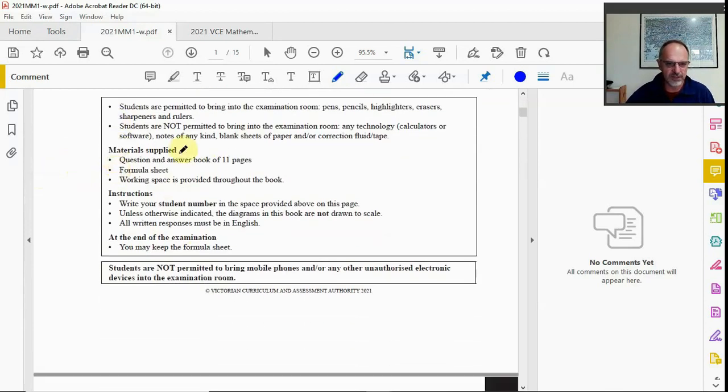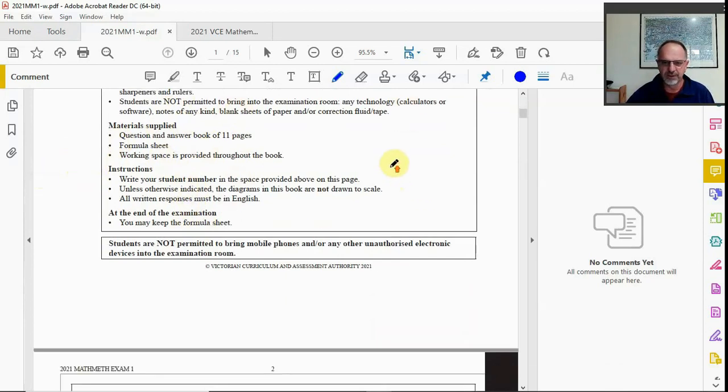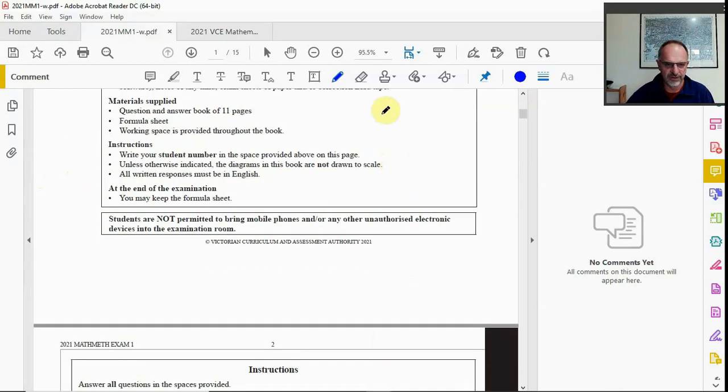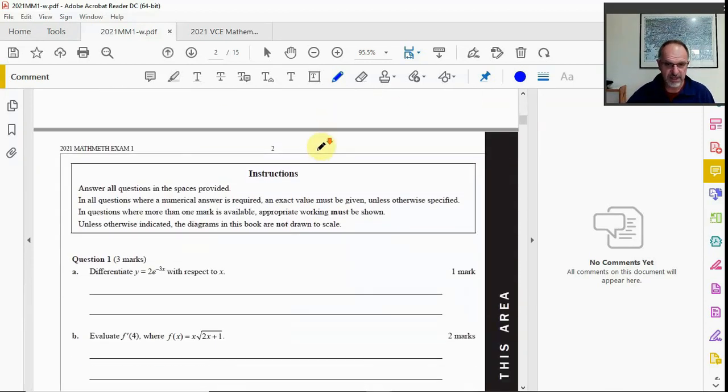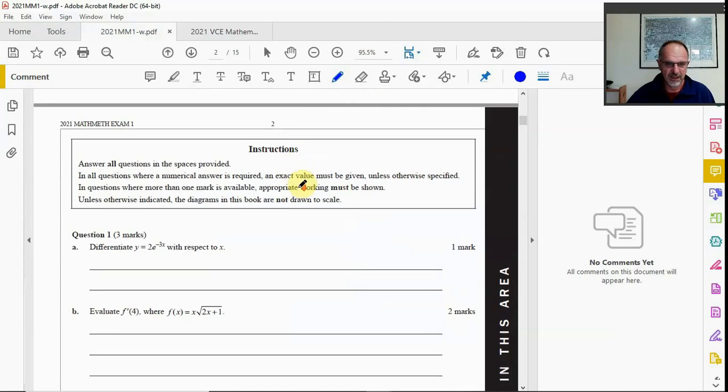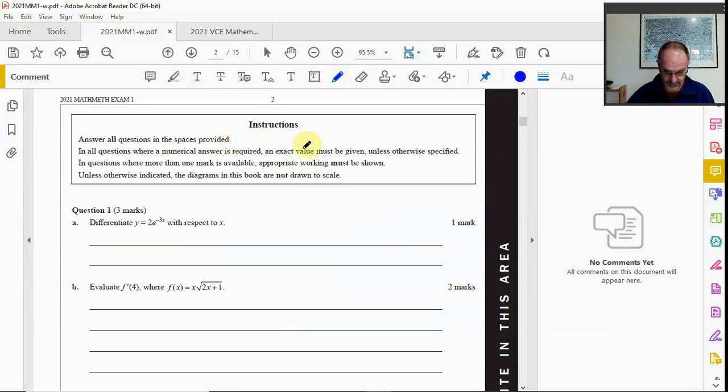So all these instructions here, there's nothing much in that you would not be aware of. They're general VCAA exam instructions. Now these ones here you do need to note. The first one says, in all questions where a numerical answer is required, an exact value must be given unless otherwise specified.